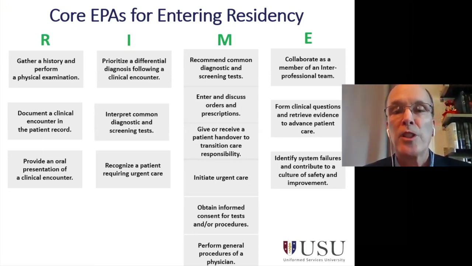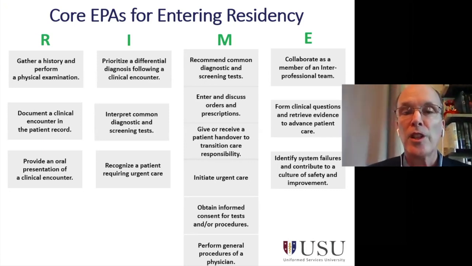If you go into the manager column, initiate urgent care, to actually begin the provision of care, that's what a manager does. And it actually depends on the step before, recognizing a patient who requires urgent care. So we've split those into two, because recognizing a patient who requires urgent care is something that an interpreter should be able to do. But to initiate care is at the manager level.